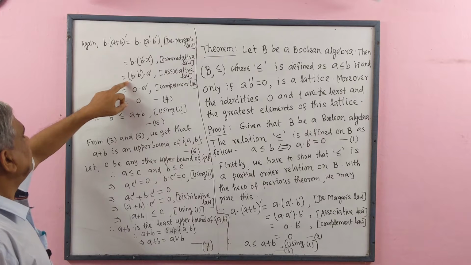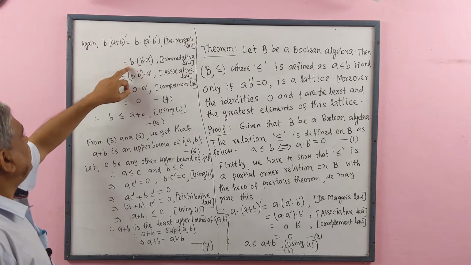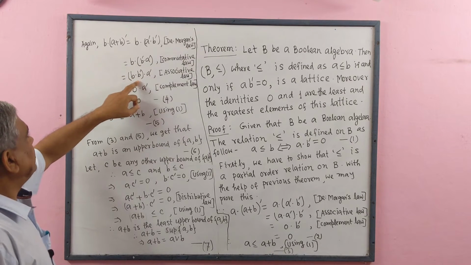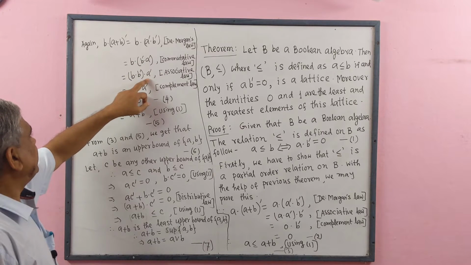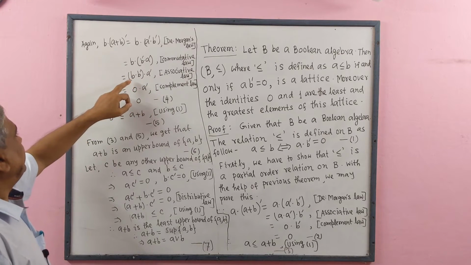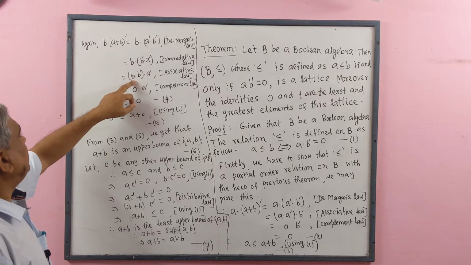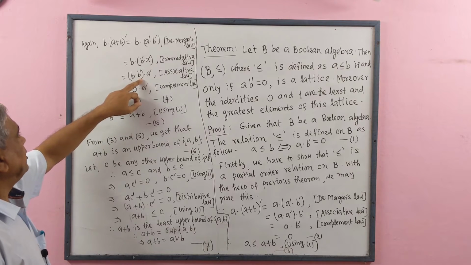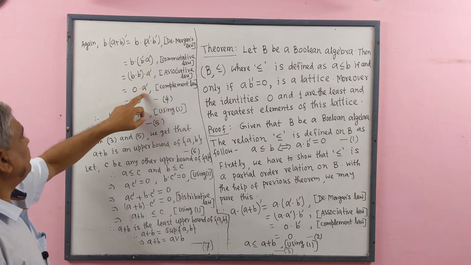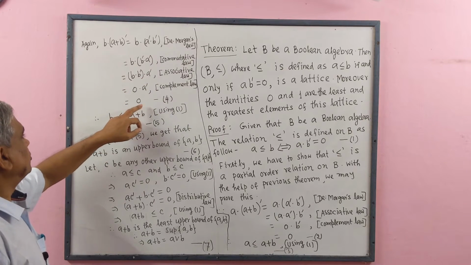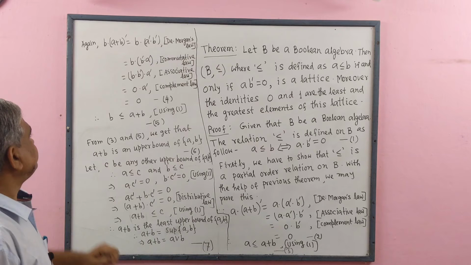This equal to (B dot complement of B) dot complement of A. By complement law, B dot complement of B equal to 0, then this equal to 0 dot complement of A, this equal to 0. This is number 4.